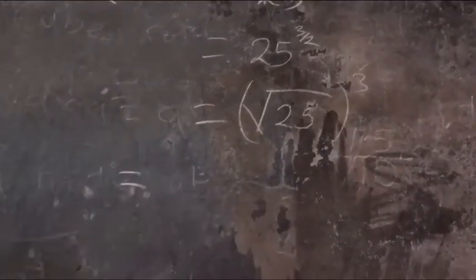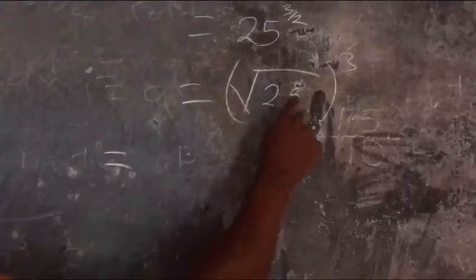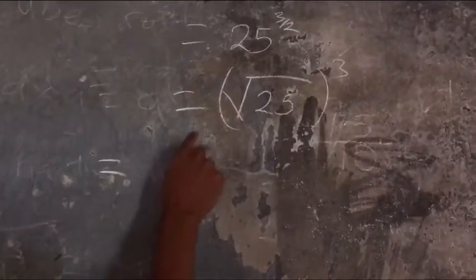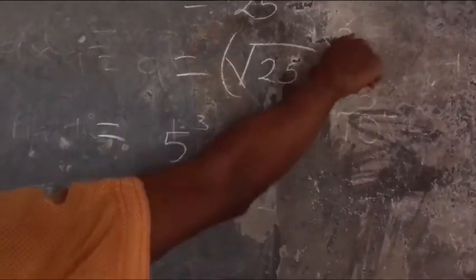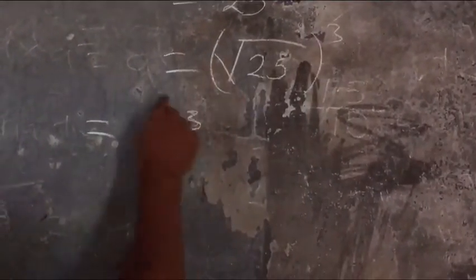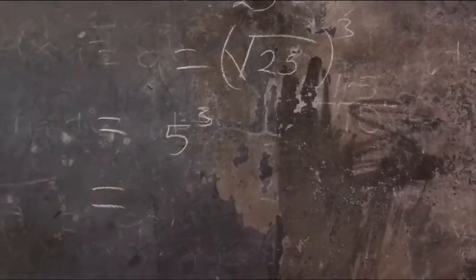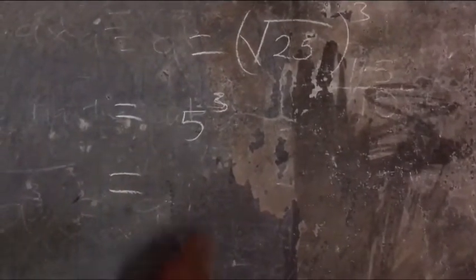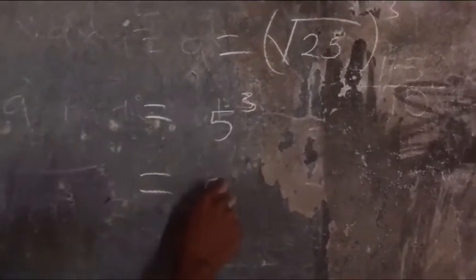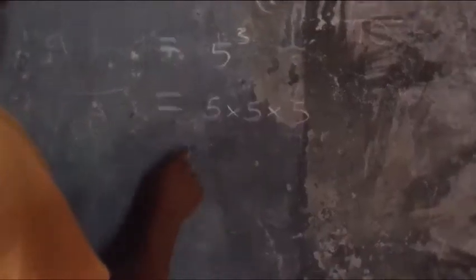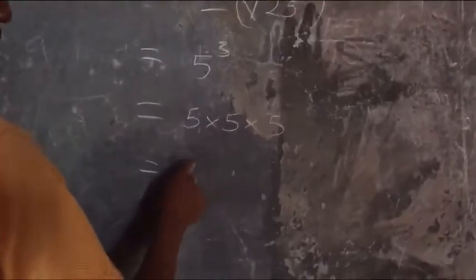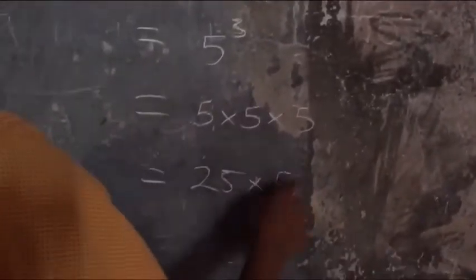So what will happen? The square root of 25 is 5. 5 raised to power 3. So if we raise 5 times 5 times 5, from here, 5 times 5 is 25, times 5.